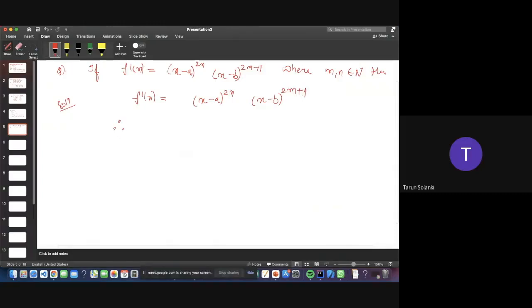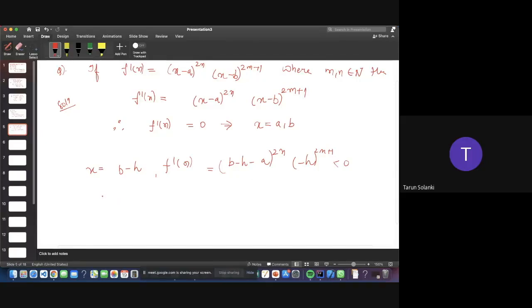So it means f dash x is equal to 0 for x equal to a or b. Now for x equal to b minus h, f dash x is equal to (b minus h minus a) to the power 2n times (minus h) to the power 2m plus 1, which is less than 0.